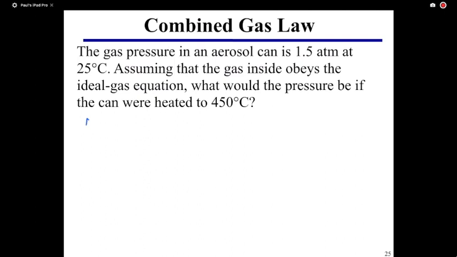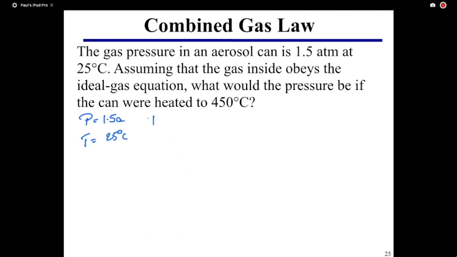So if I read this problem here, okay, the gas pressure in an aerosol can is 1.5 atmospheres. All right, I have a pressure. It's 1.5 atmospheres. Okay, good. At 25 degrees, I have a temperature, 25 degrees Celsius. All right, and those two go together. Assuming that the gas inside obeys the ideal gas equation, what would be the pressure?